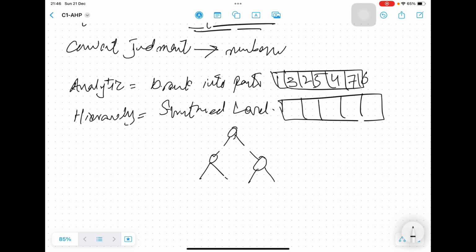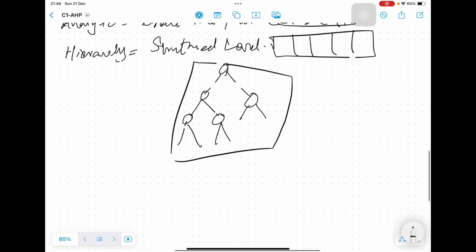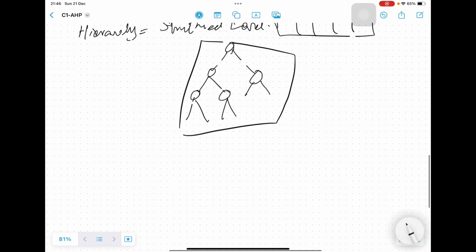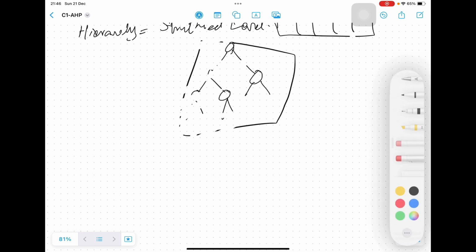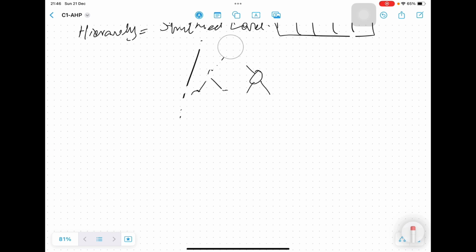This is the hierarchy tree and you reach the final decision. That is the engineering tree. So if I go with the hierarchy tree with a good example, I can say it like this.